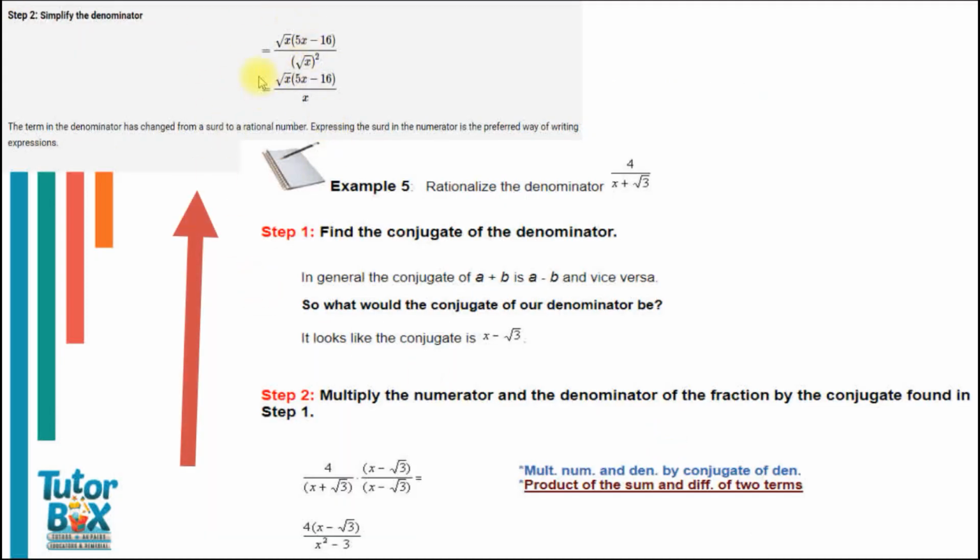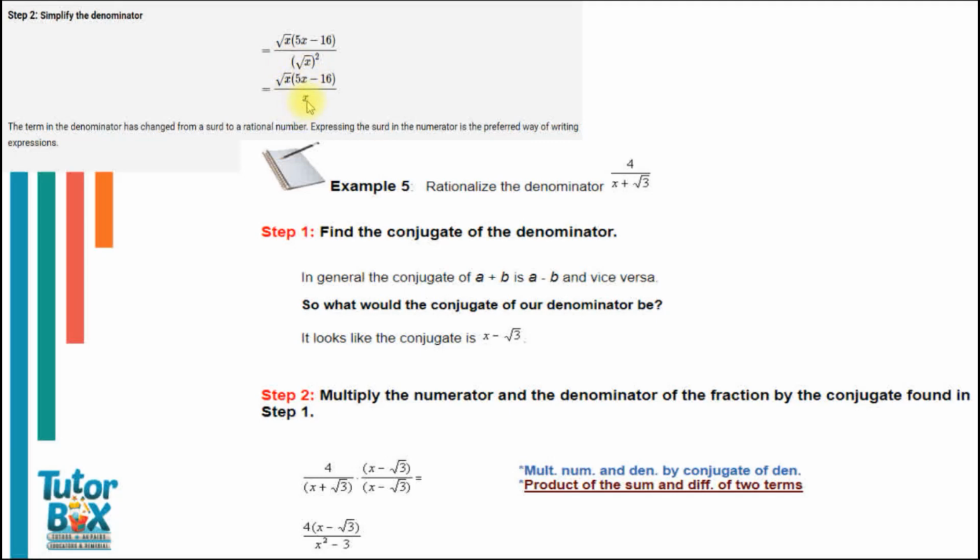So we're here, guys. Step 2, we simplify the denominator. Now we have square root x times 5x minus 16, divided by square root x, everything squared. The top stays like that, but the bottom, because you have square root x times square root x, has a square root sign and is squared, so that will disappear.